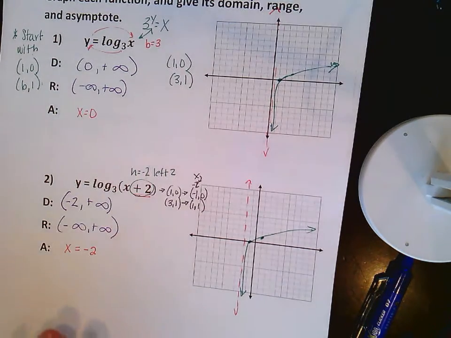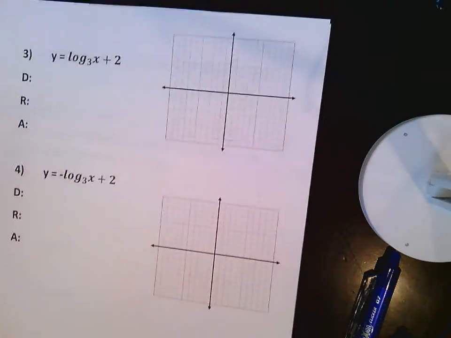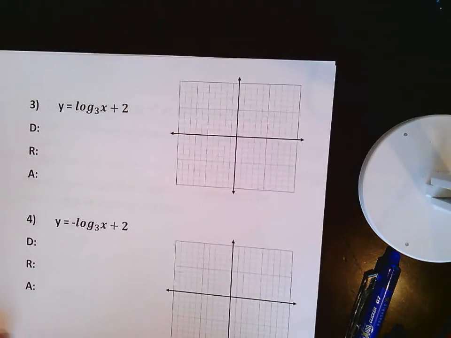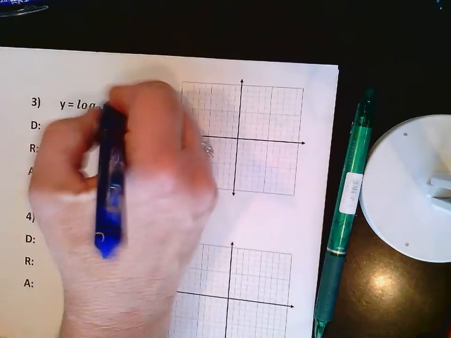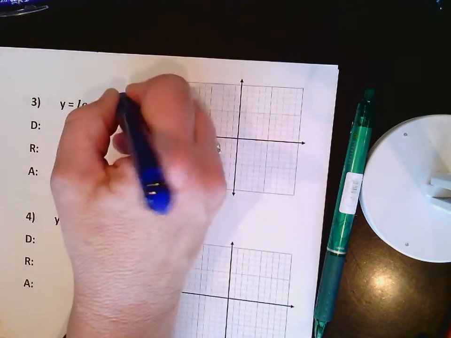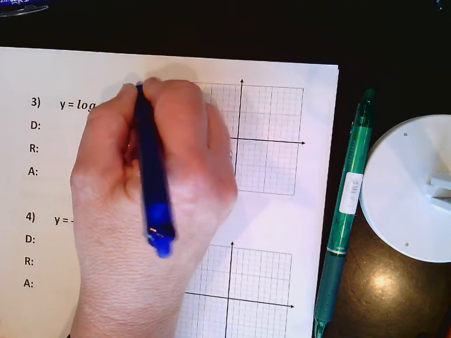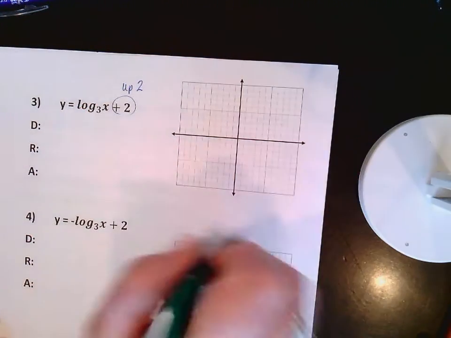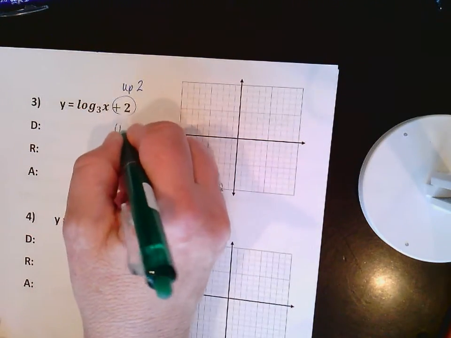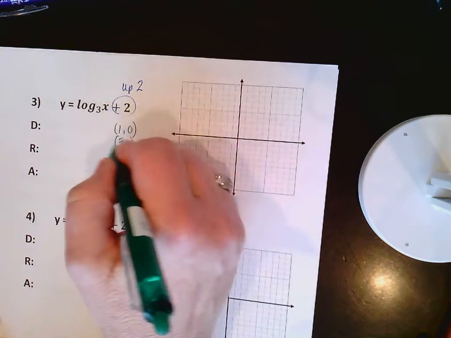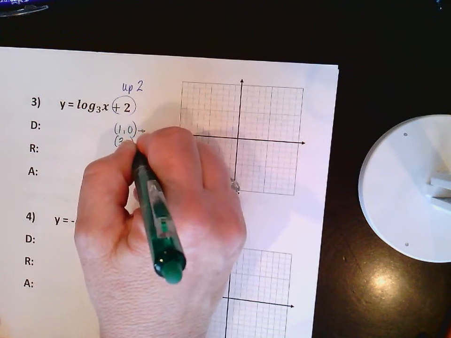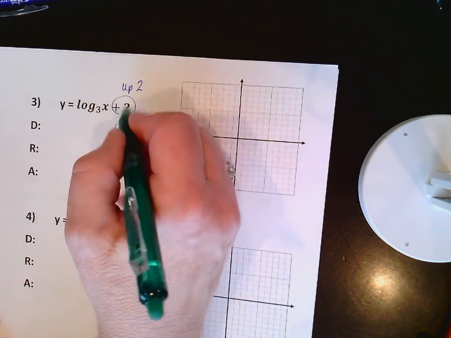Okay, let's try another one. This is also log base 3. And this time I have a k. I don't have anything happening with x, but my k is plus 2, which means it's going up 2. So we always start with (1, 0) and (base, 1). And now this time my y's are changing, and I'm adding 2 to my y's.